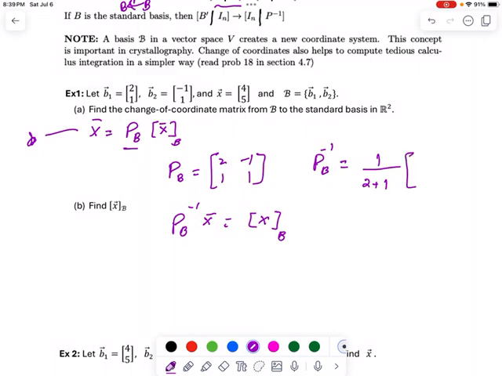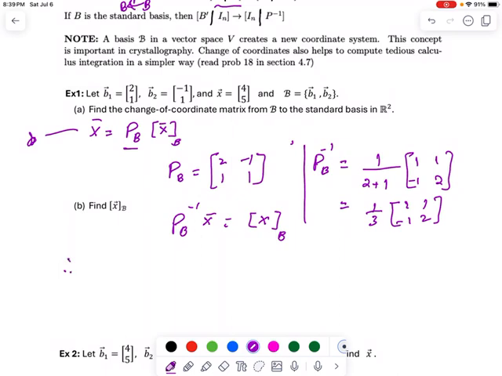Then we exchange the 1 and the 2 along one diagonal, and along the other diagonal the signs change. Now you can write it as 1 over 3 times that matrix, and I have to multiply it by the x vector which is given.